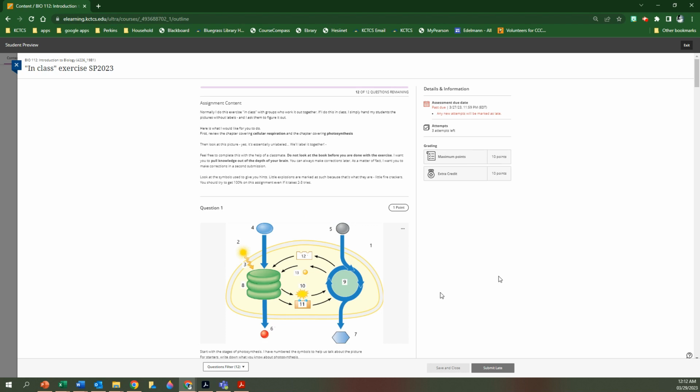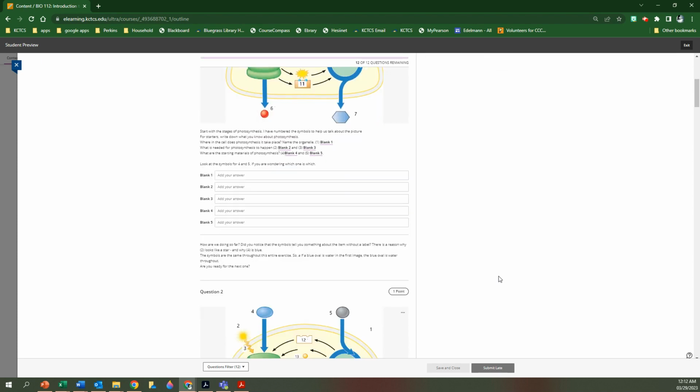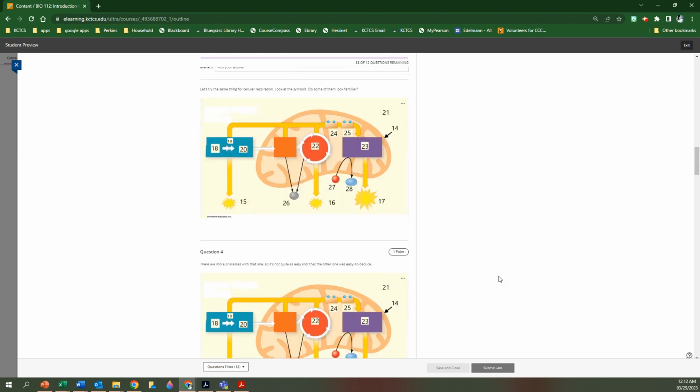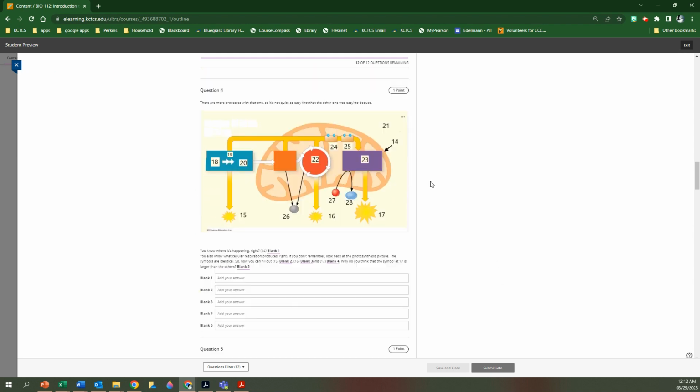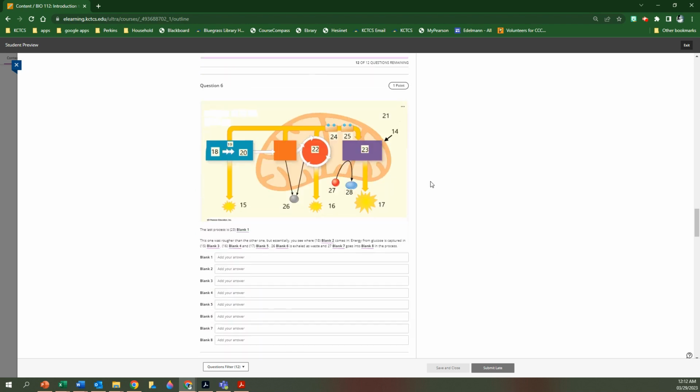I had photocopied it right from the book, because this was the olden days, and I deleted the labels. And they had this one, and then this one. Then I asked them to label it.